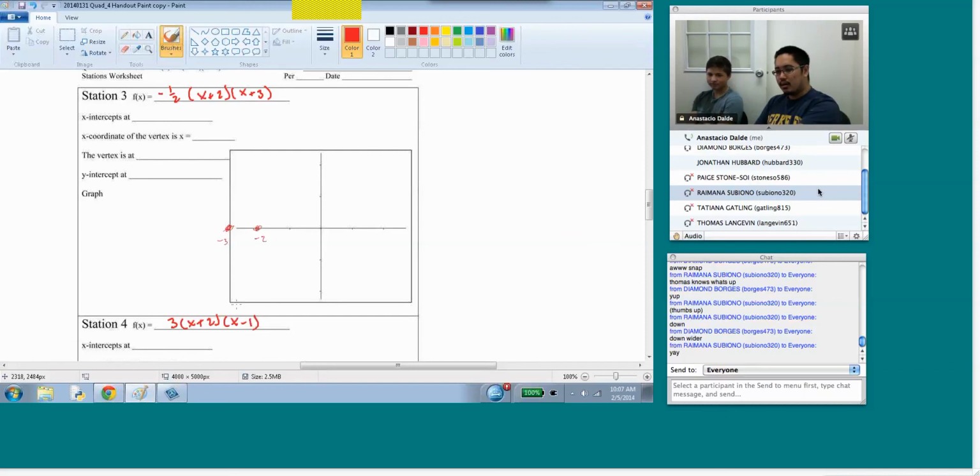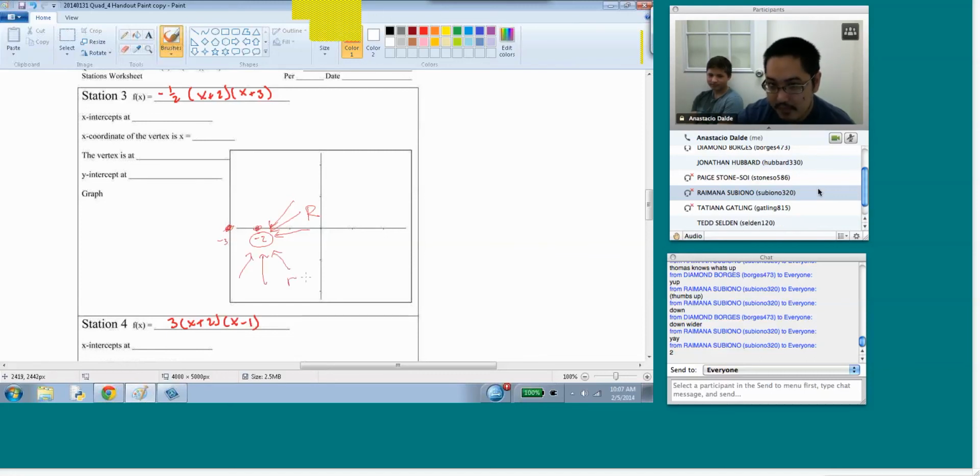All right. What in this equation is r? What is the value of r? No, Raimana. What is r? There we go, -2.